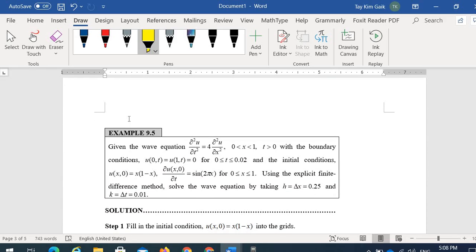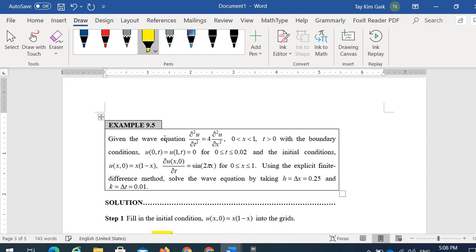Okay, with this, let's look at one example. Given the wave equation, del 2u del t2 equal to 4 del 2u del x2.